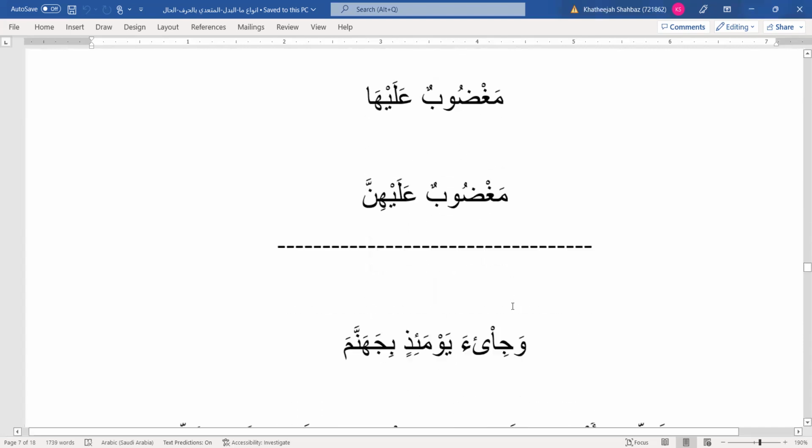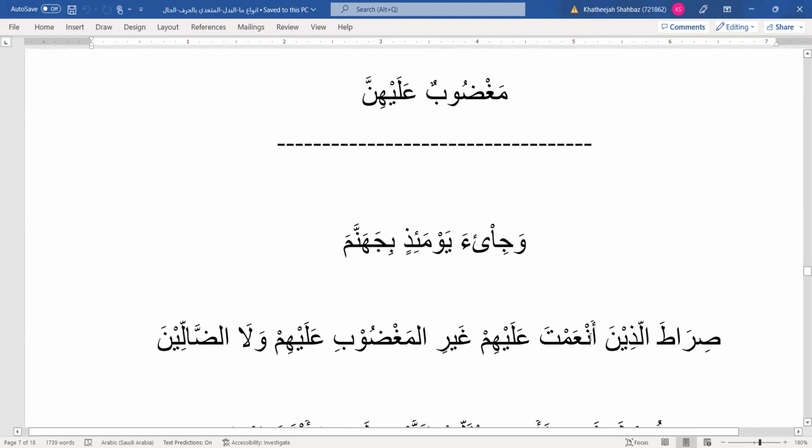Let's go to an example to understand it even more. صراط الذين أنعمت عليهم غير المغضوب عليهم ولا الضالين. Path of those who you favored upon, not of those who were angered upon.